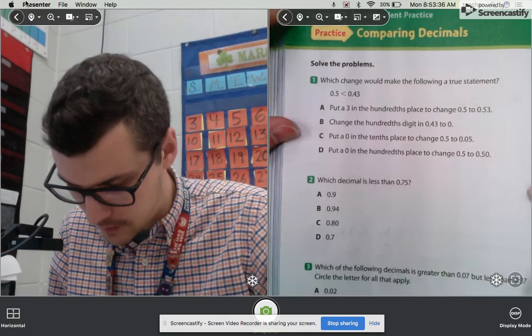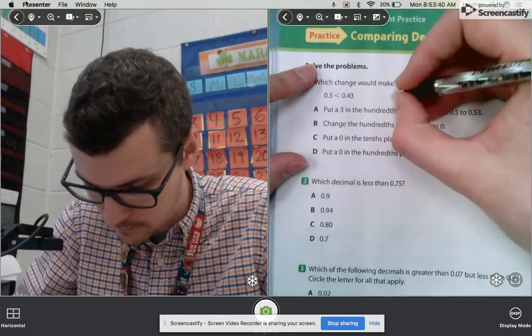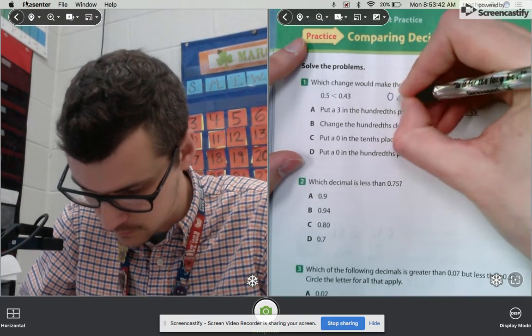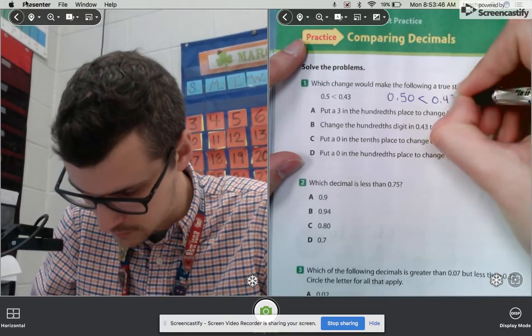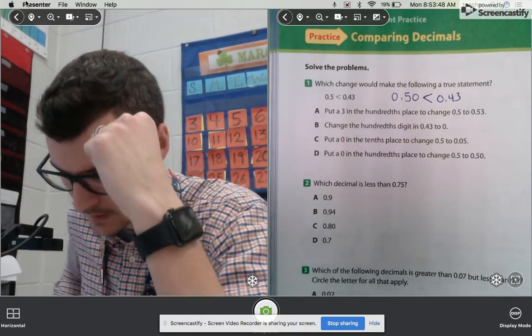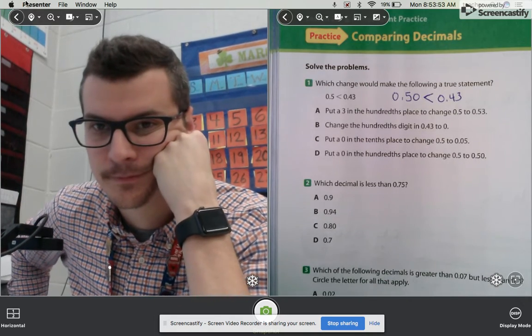Which change would make the following a true statement? 0.5, so 5 tenths. So 50 hundredths is less than 43 hundredths. Okay, so you try this one.